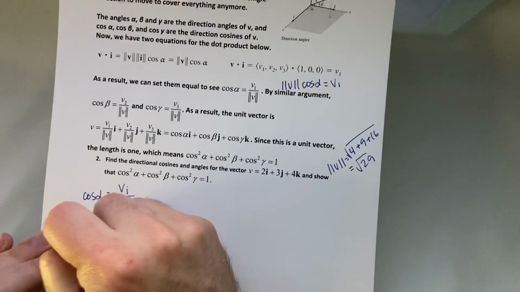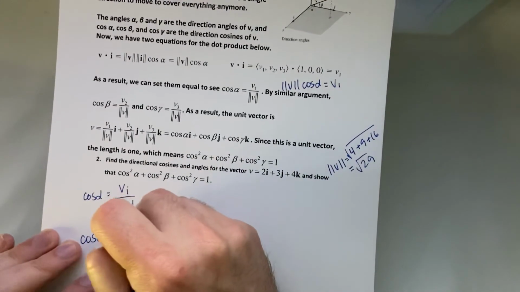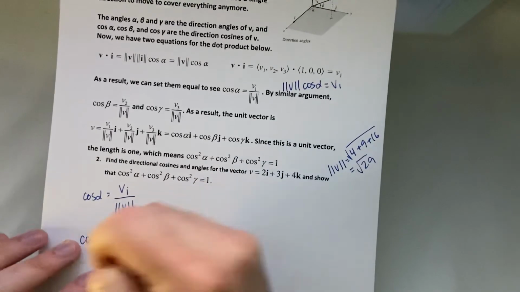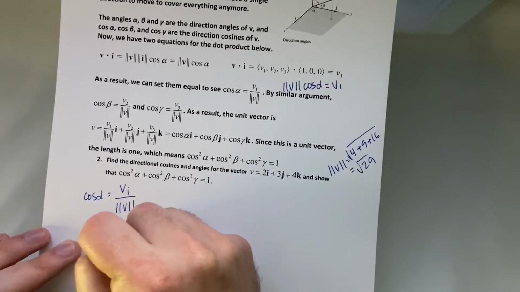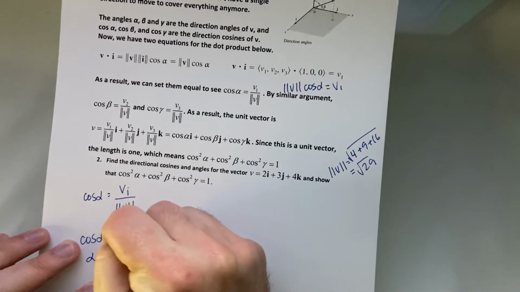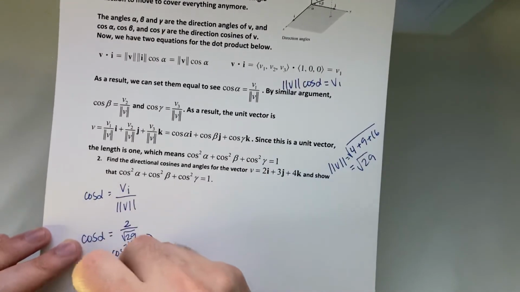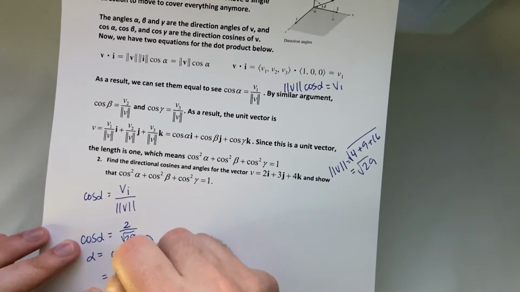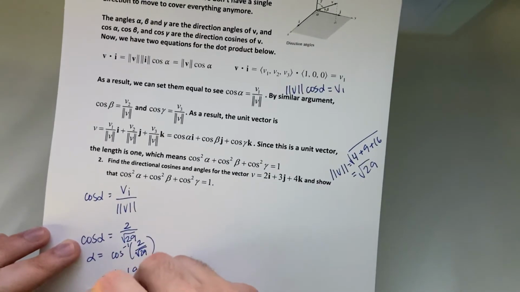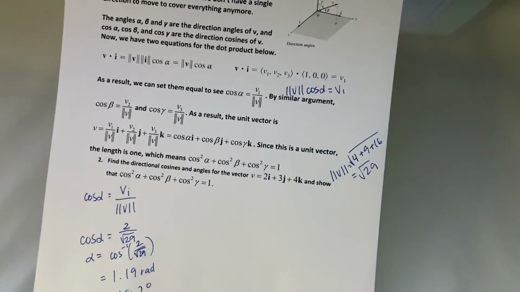It's 2, so cosine alpha equals 2 over the square root of 29, which means alpha is the cosine inverse of 2 over the square root of 29, which is 1.19 radians, or 68.2 degrees. So that tells you how far, really, from the x-axis this angle is.